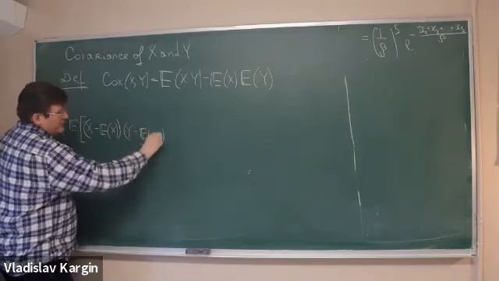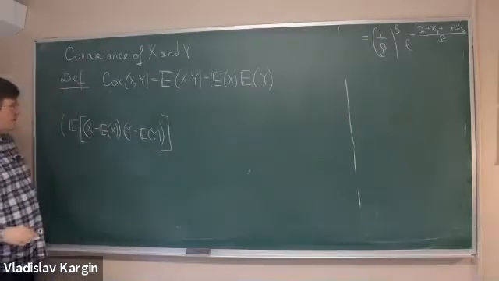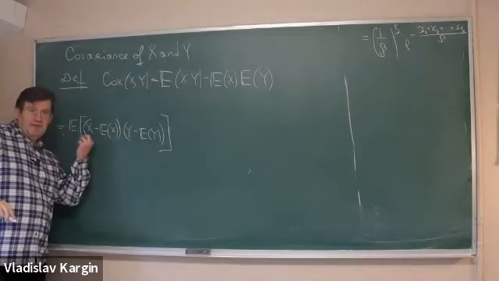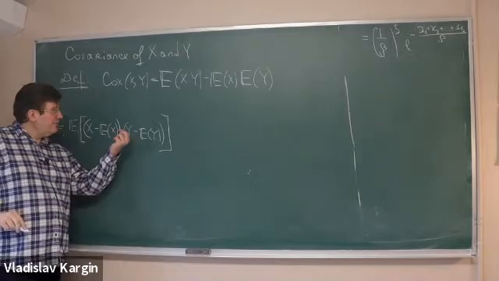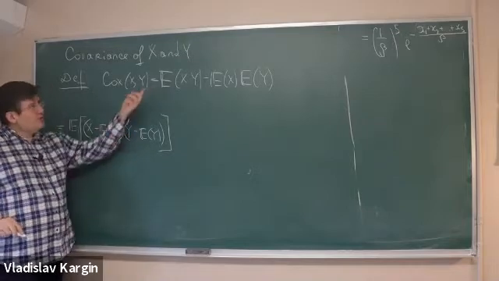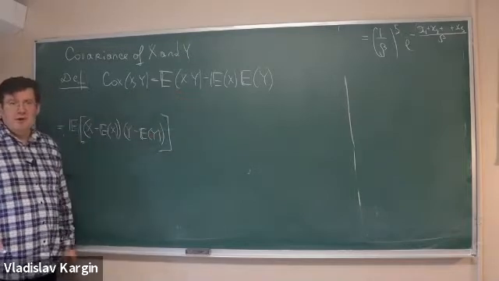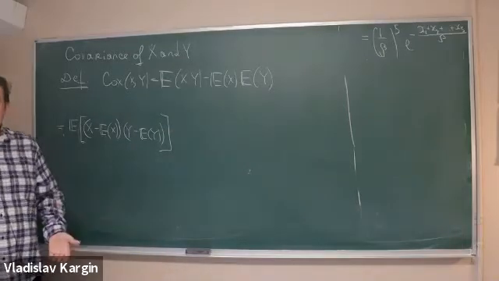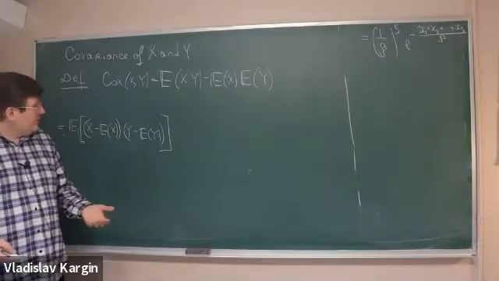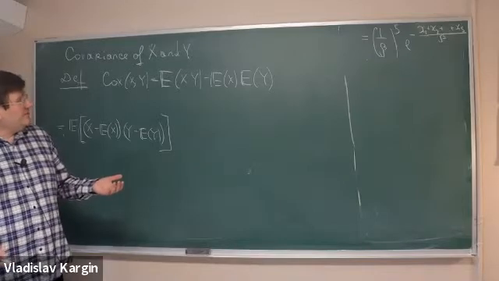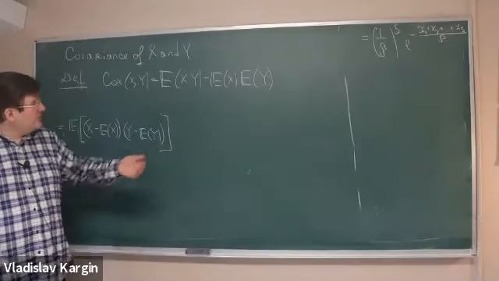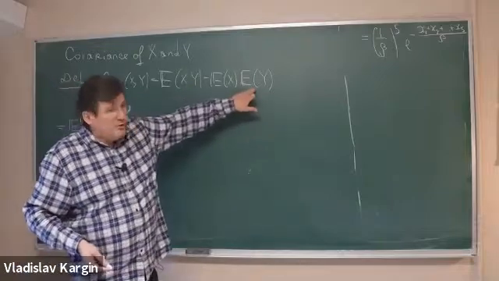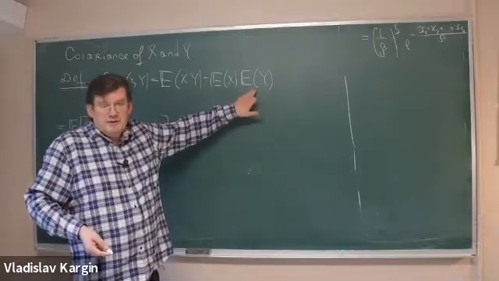This is more complicated, which is why I write it, so you just remember it, but I don't usually use it. So we also have this alternative definition, and it's the same thing: you subtract the mean of the random variable x from it, subtract the mean of the random variable y from it, and take the expectation. It's easy to check. The properties are basically the same. The only thing is that you need to know how to calculate these things. You know how to calculate E of x and E of y just using marginal densities.